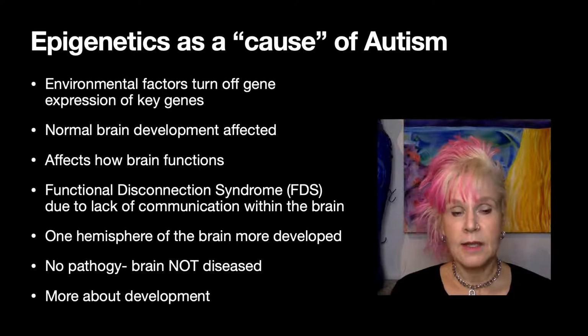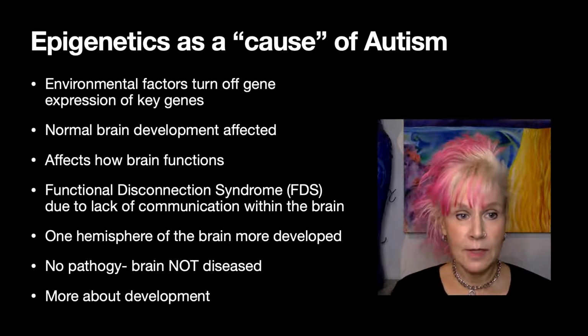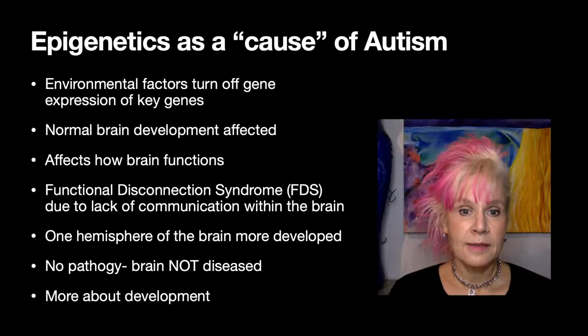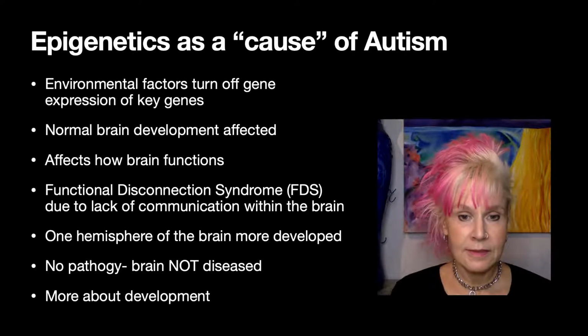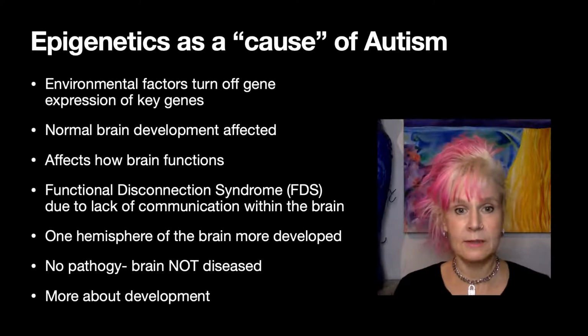Basically, what it is that one hemisphere of the brain is more developed than the other, and this creates a disconnect in the communication between the brain sides. It is not a pathology, the brain is not diseased. It's really more about how it's developing, how it's connected, and therefore how it is functioning.